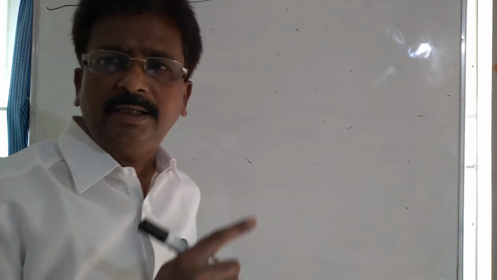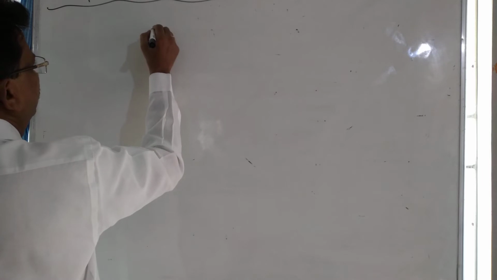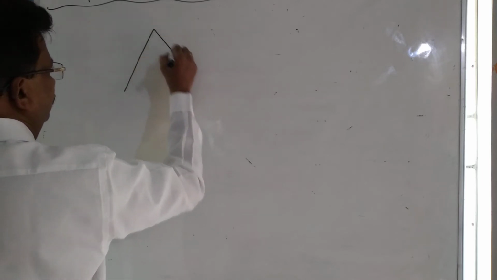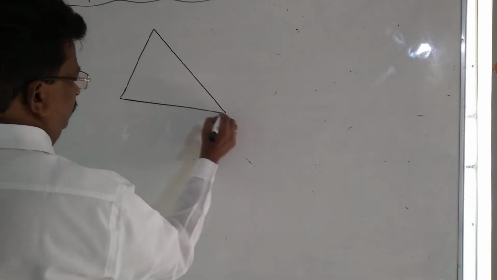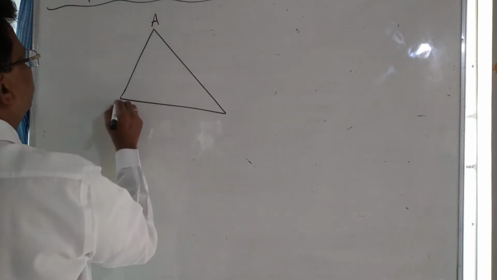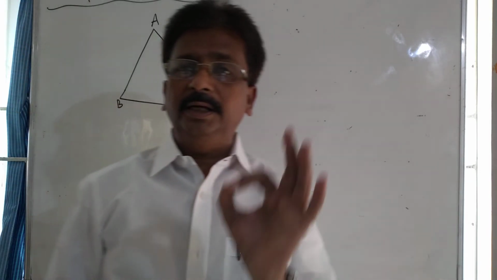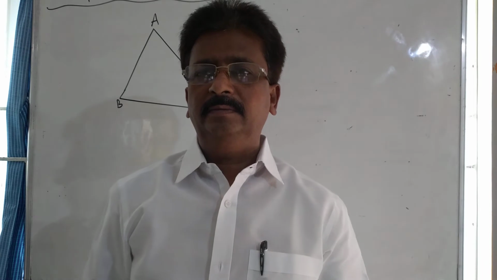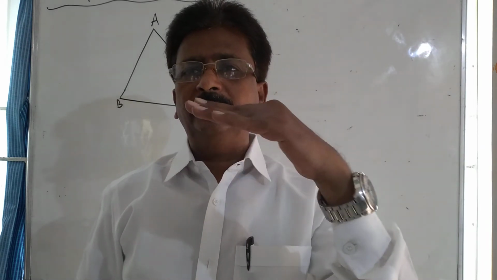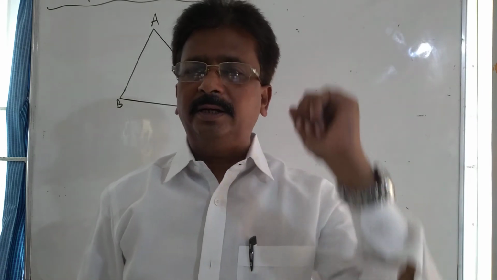So let us try a triangle. Okay, I will identify the 9 points on the sides of the triangle. In each side there are 3 points. I will identify the 3 points on each side.